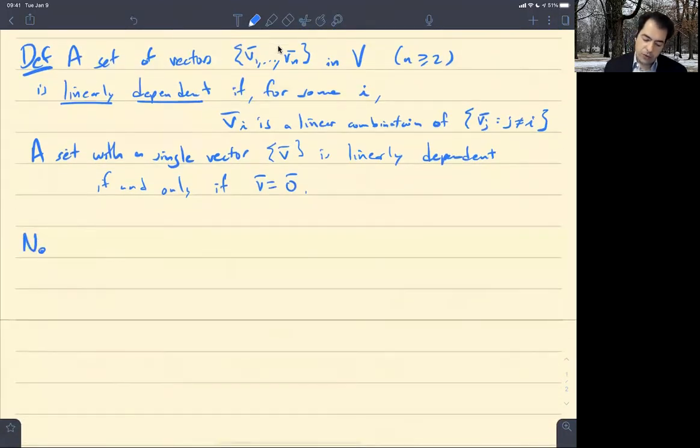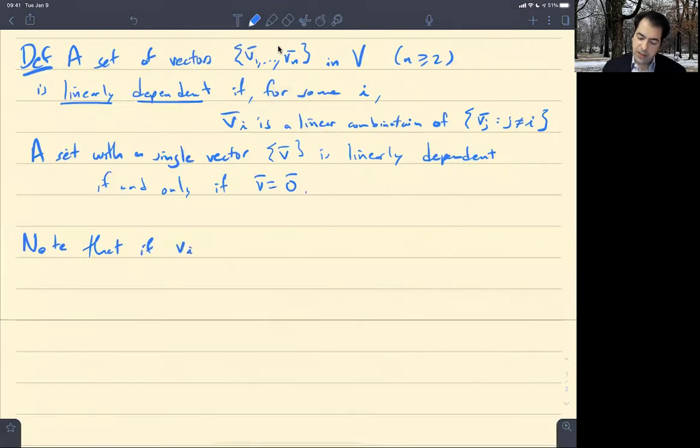Okay, so note, that's great. Now we want a formulation that's more symmetric, that doesn't single out this redundant vector.